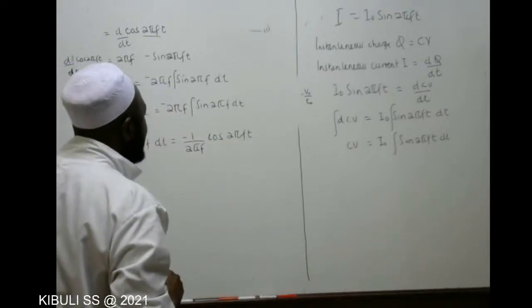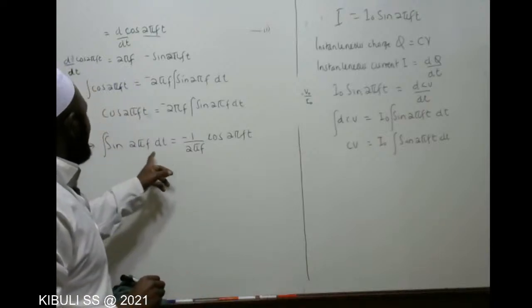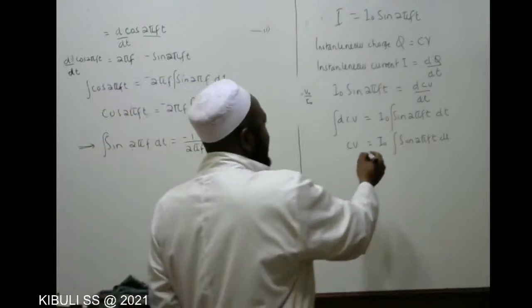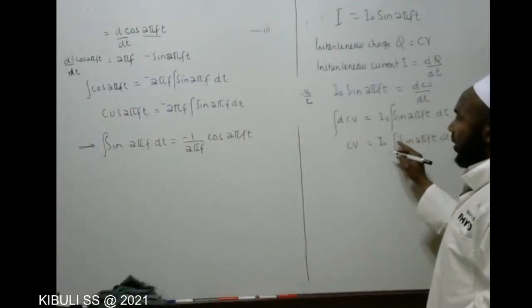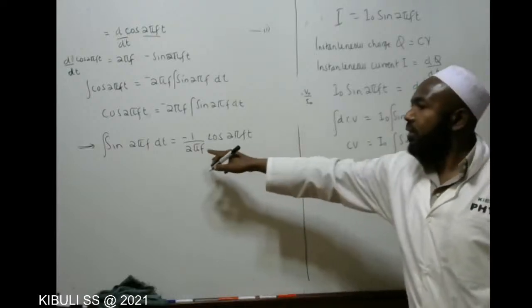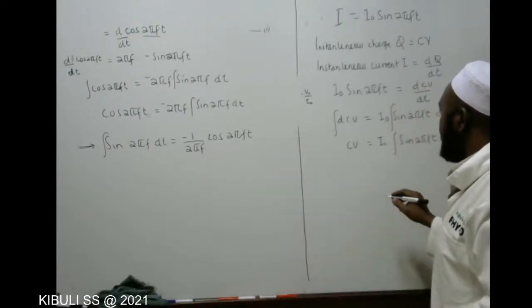In other words, this one is the same as that one. So in this question, where there is the integral of sine 2 pi ft, we are going to be replacing it by that expression.